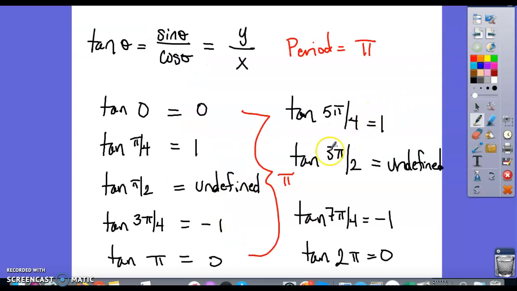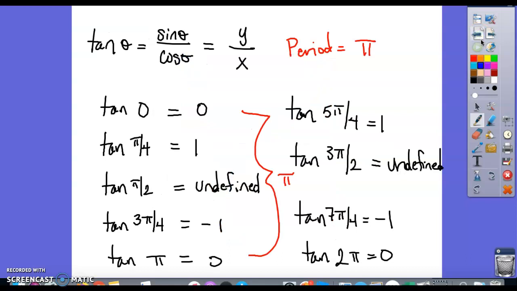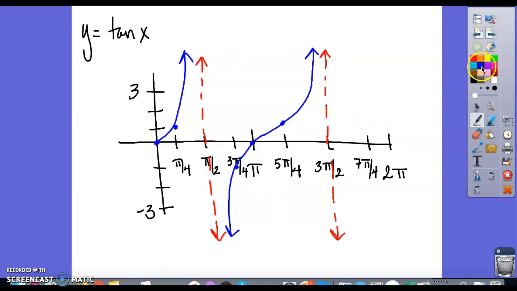The tangent of 3 pi over 2 is undefined. Okay, the tangent at 7 pi over 4 is -1, and the tangent at 2 pi is 0. Okay, so that is what the graph of tangent looks like.